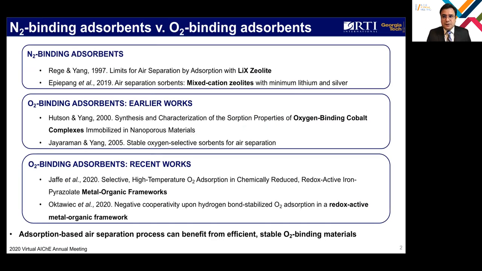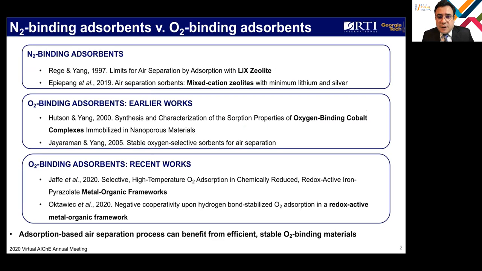Well, as some of you in the audience may know, these commercial processes that have been applied to separate air components usually employ adsorbents for which the nitrogen species is the more adsorbed species.